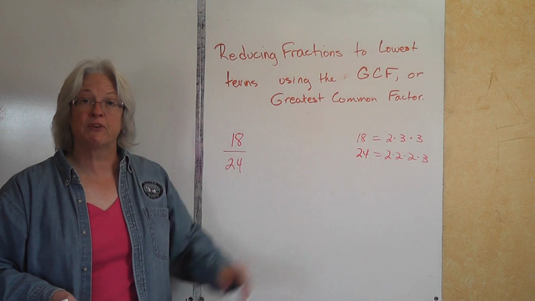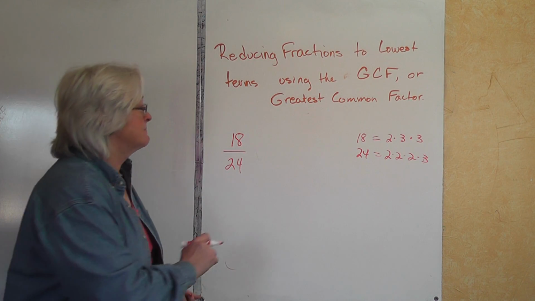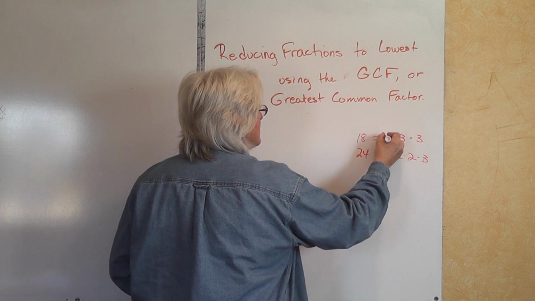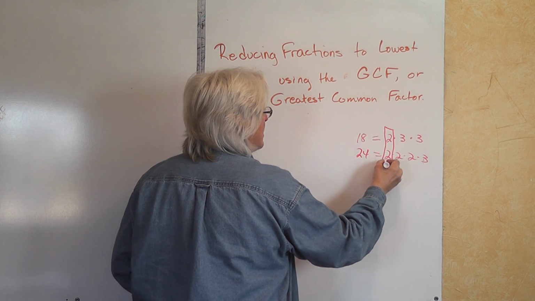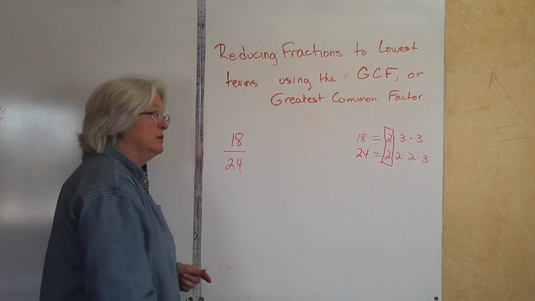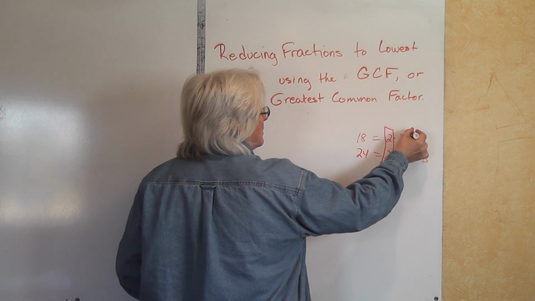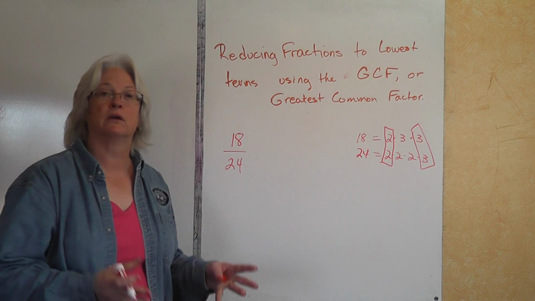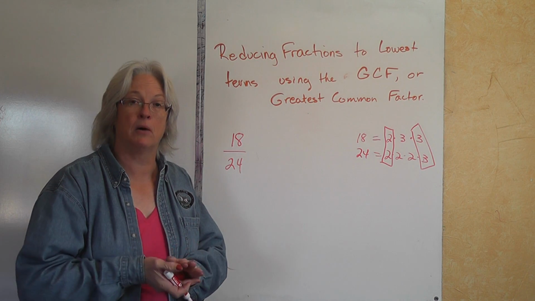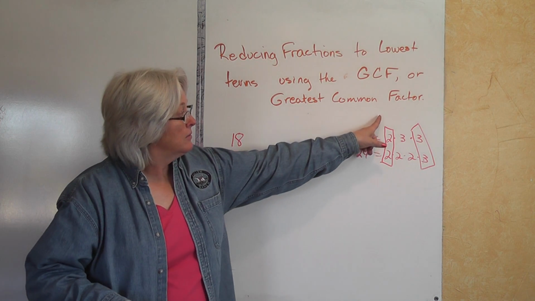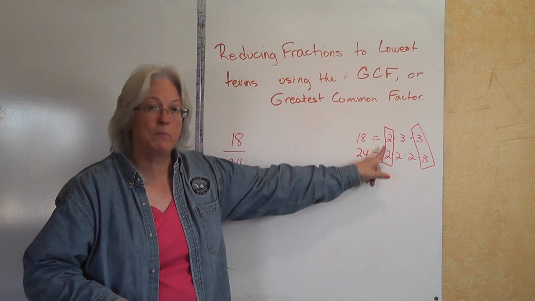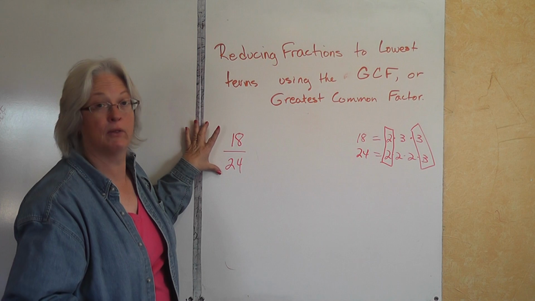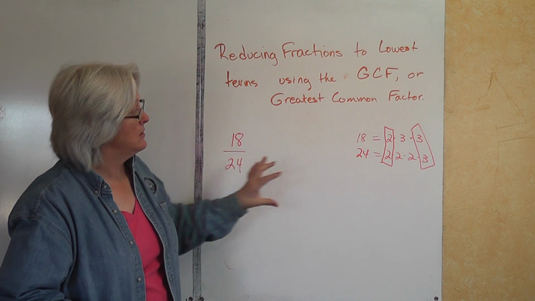The greatest common factor, what we're going to look at, here we're going to see how many factors we have in common. We have a factor of 2, and we have a factor of 3. For factors to be common factors, they have to show up in even pairs between the two numbers that we're factoring.